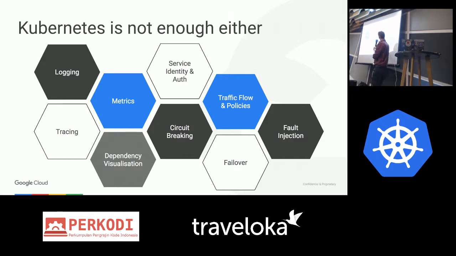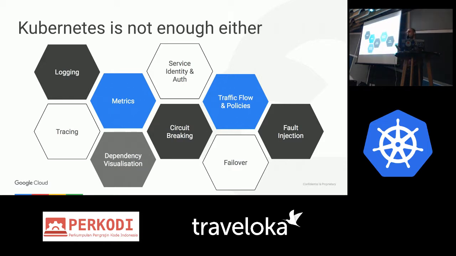It would be nice to see dependency visualization, so if you have multiple microservices, who depends on what. You definitely need metrics: you want your services to emit metrics, and you want to collect and display them somehow. There are all these other things that you probably need. Sometimes you can ignore them and it will be fine for a while, but eventually they will come and bite you, as some of you might know.